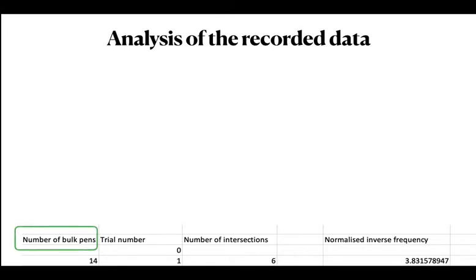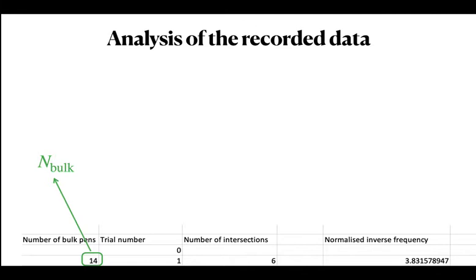Here on the left hand side is the number of bulk pens, the ones that are not touching the edges when I've dropped the pens on the floor. In particular, this number 14 is going to be fed into the total number of pens that were in the bulk and crossing or not crossing some lines on the floor.